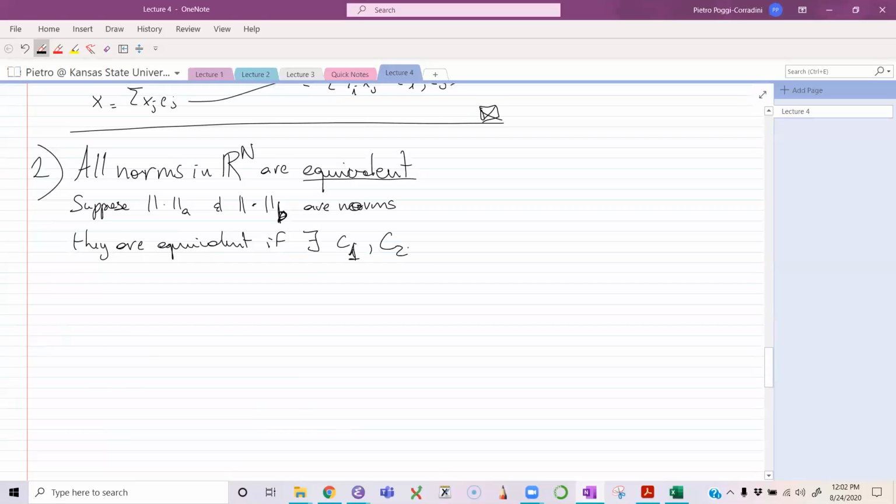These are universal constants, and they should be certainly not 0 and not infinity, somewhere in between. They are equivalent if there exist such constants that the norm of a vector in the A norm is controlled by the norm of the vector in the B norm, and vice versa.